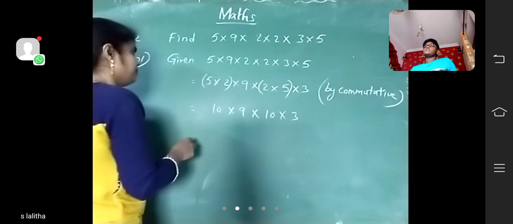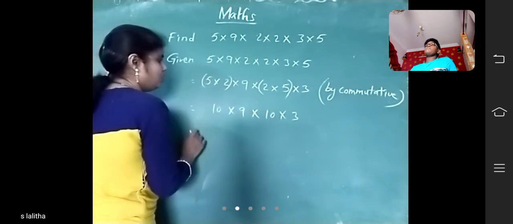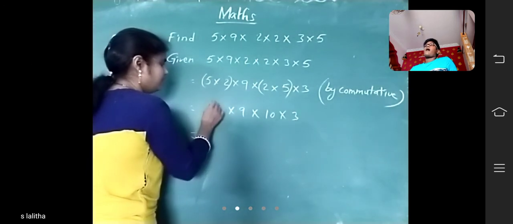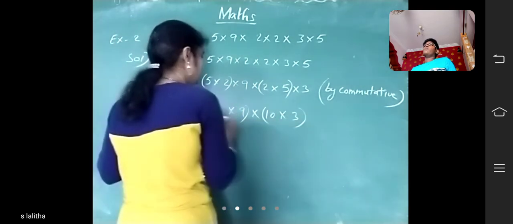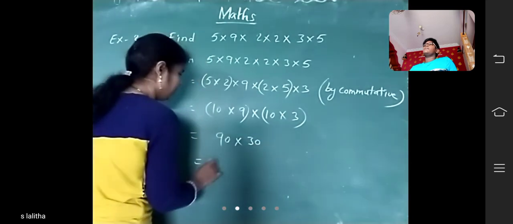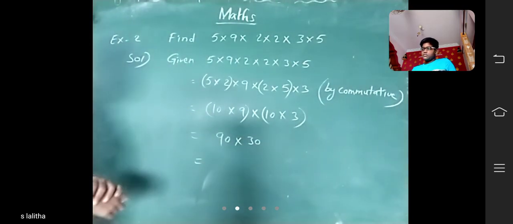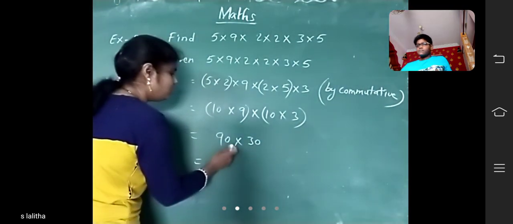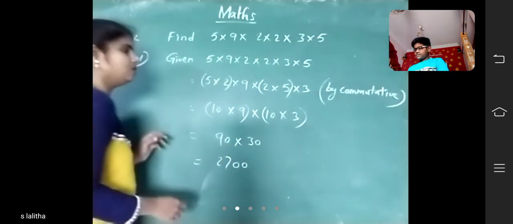Okay. So how much? 10. Now I should keep the bracket like this. 10 into 9, 90. 10 into 3, 30. 90 into 30, how much, ma? 9 threes are 27, and 2 zeros are there. Keep 2 zeros. Okay?